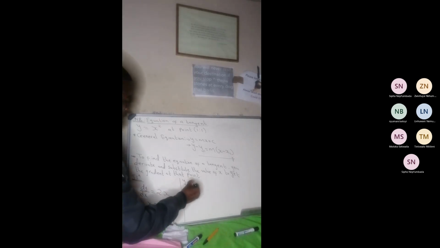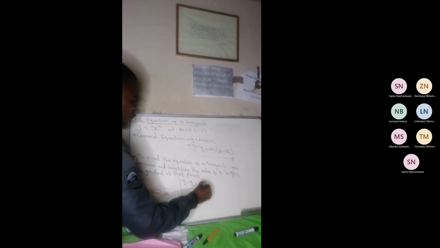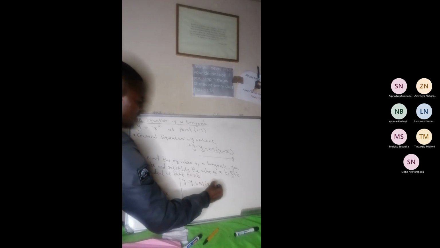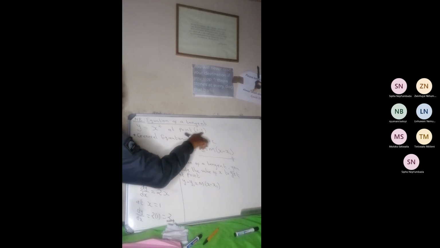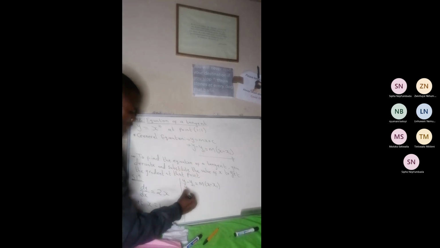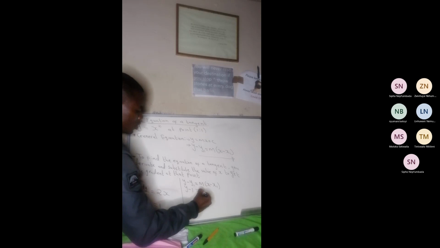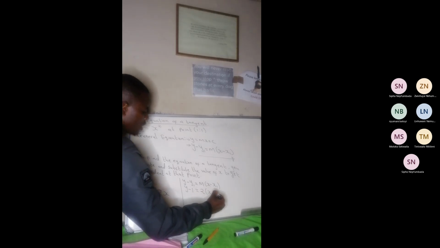Now, I'm going to say y minus y1 is m into x minus x1, a straightforward formula. My m is 2 and the y1 and x1 is those points, 1 and 1. It means I have y minus 1 is equal to 2 into x minus 1.